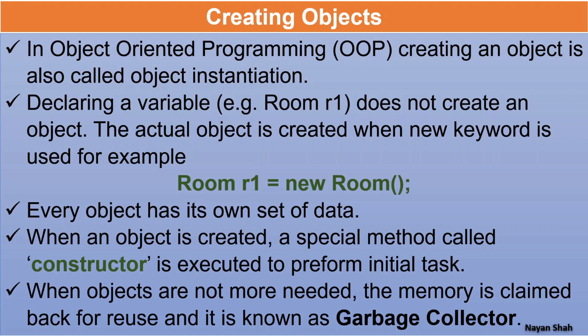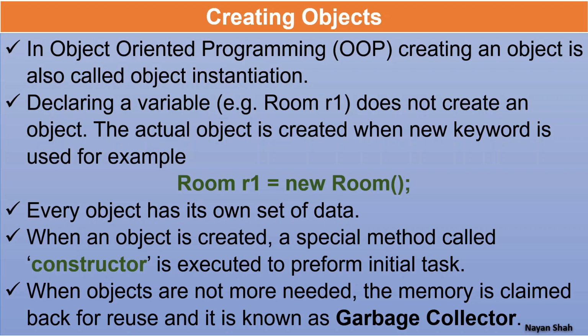Every object has its own set of data. Every object will have a different set of data. It's something like if I distribute a form to 50 students in class and ask them to fill that form, then every form will have its own set of data. Similarly, every object will have its own set of data.